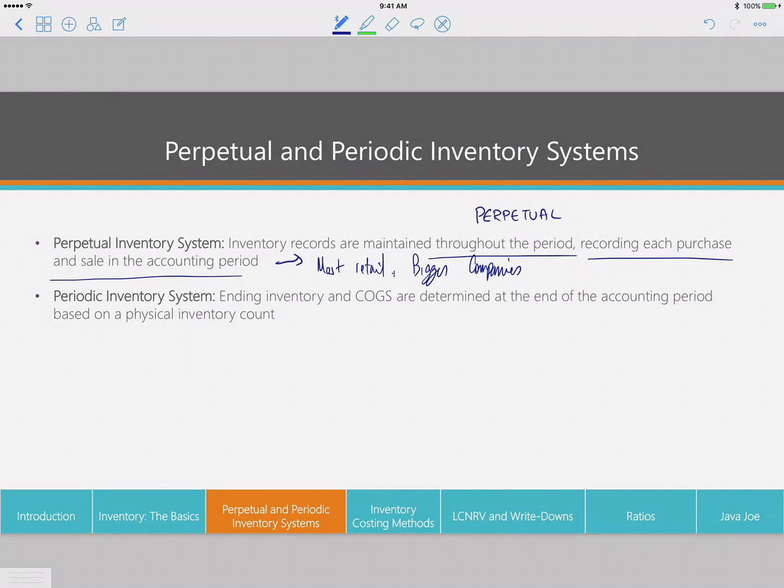The other alternative is a periodic inventory system, and we do not keep track throughout the period, and rather, at the end of the period, we determine what our ending inventory and COGS are based on a physical inventory count. And so who would this be good for? It would either be good for really, really small businesses who don't want to keep track of every single purchase or sale because it could be expensive for your records, or it could be for some manufacturers who are using lots and lots of goods that are exactly the same, and they don't want to keep track of every single one that they use.